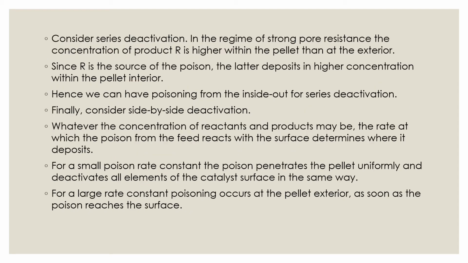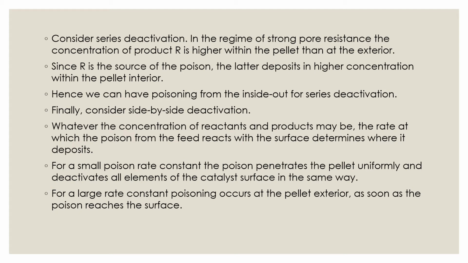Consider series deactivation. In the regime of strong pore resistance, the concentration of product R is higher within the pellet than at the exterior. Since R is the source of the poison, the latter deposits in higher concentration within the pellet interior. Hence, we can have poisoning from the inside out for series deactivation. Finally, consider side-by-side deactivation.